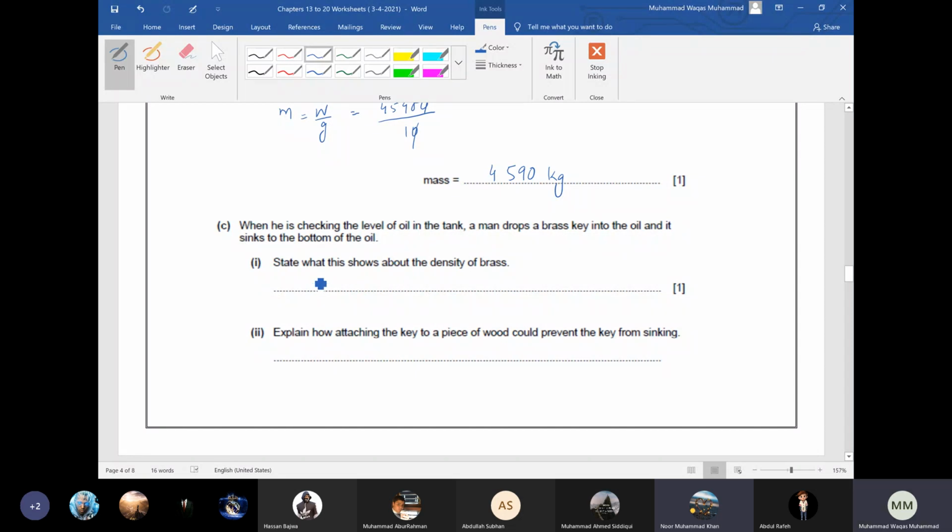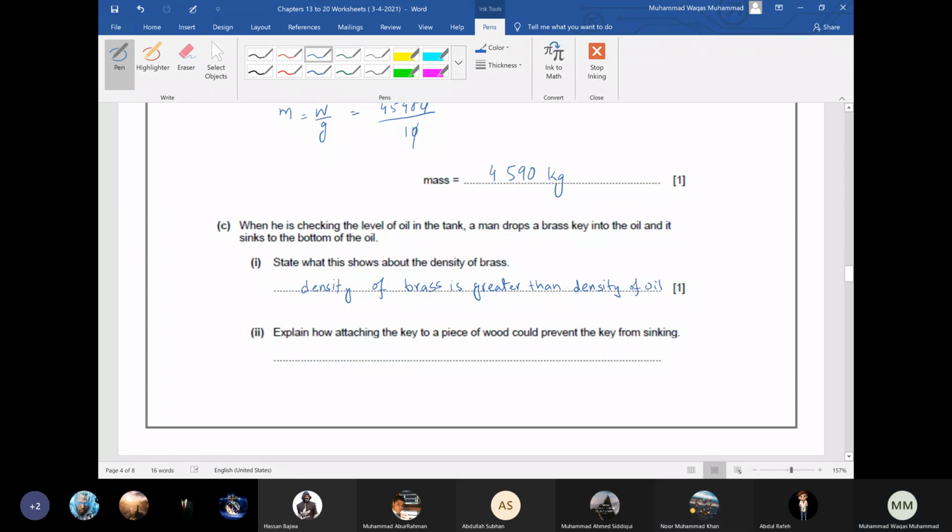So beta, the density of brass is greater than the density of oil.